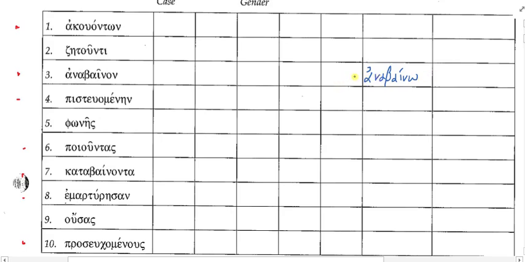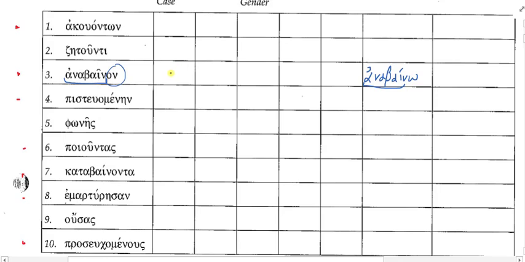All right. Now, let's take a look at the form here. I have anabainon. Now, up to this anabain part, this looks exactly like the present stem anabain, right? You see that match there? But the rest of this does not look like a present active indicative verb, does it?